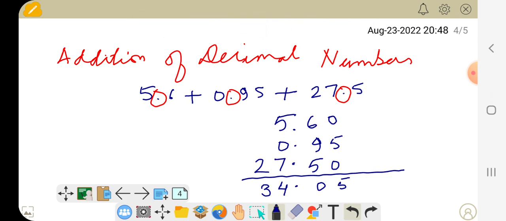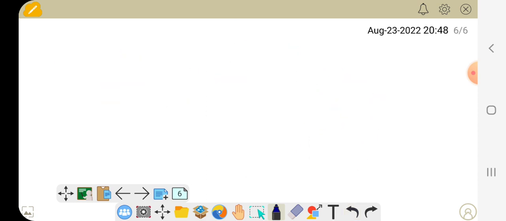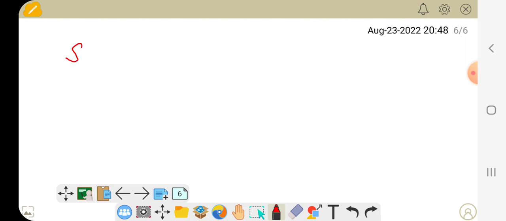Okay, so this is about addition. Very simple. Another thing is the subtraction of decimal numbers.